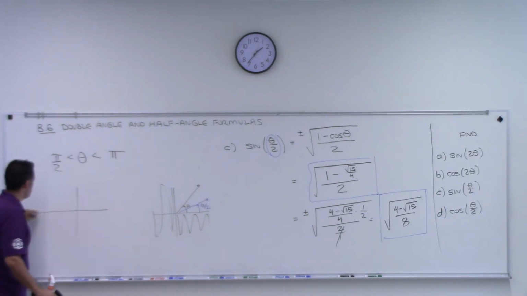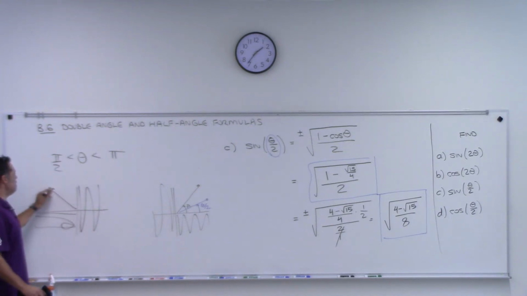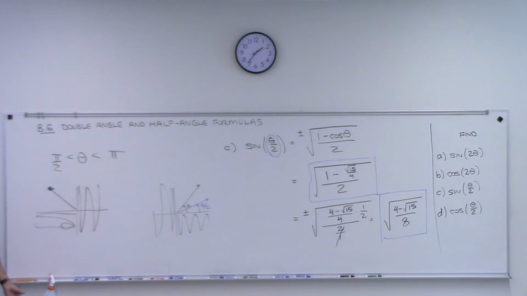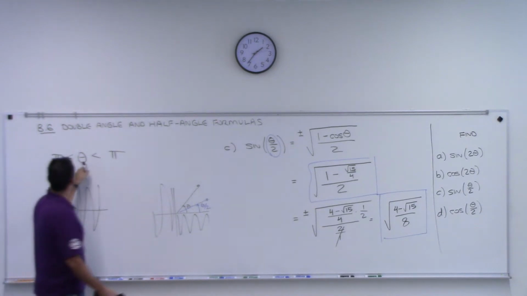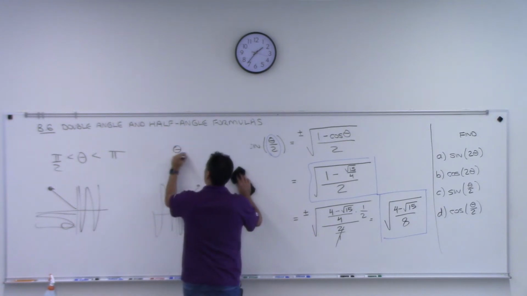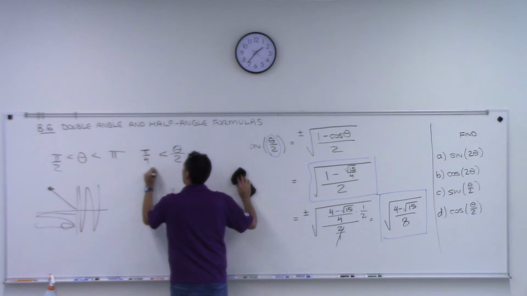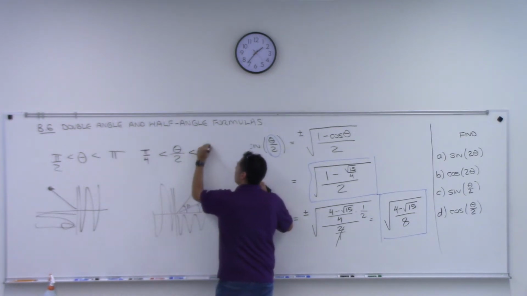That means you're over here somewhere. Well, where's theta over 2? Take everything and divide by 2. Theta over 2 would be bigger than pi over 4, but less than what? Pi over 2.